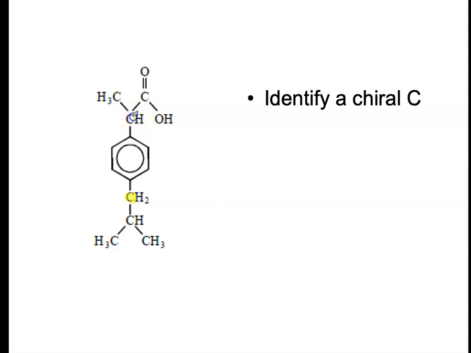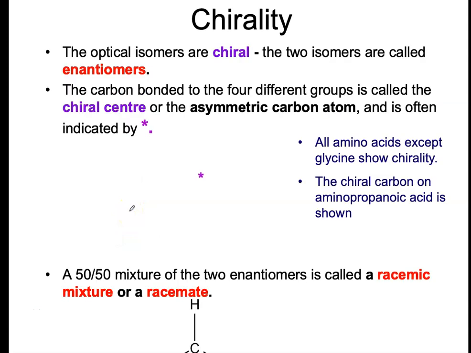So yes, this carbon can be chiral, and this carbon here can't be chiral because it has 2 methyls attached. The carbon has to have 4 different groups attached. Okay, so optical isomers are, I'm just repeating myself here.